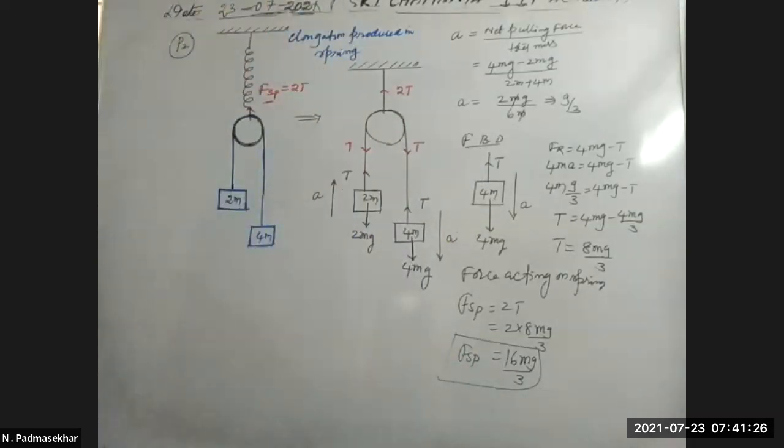After getting F_sp, what is the elongation produced in the spring?